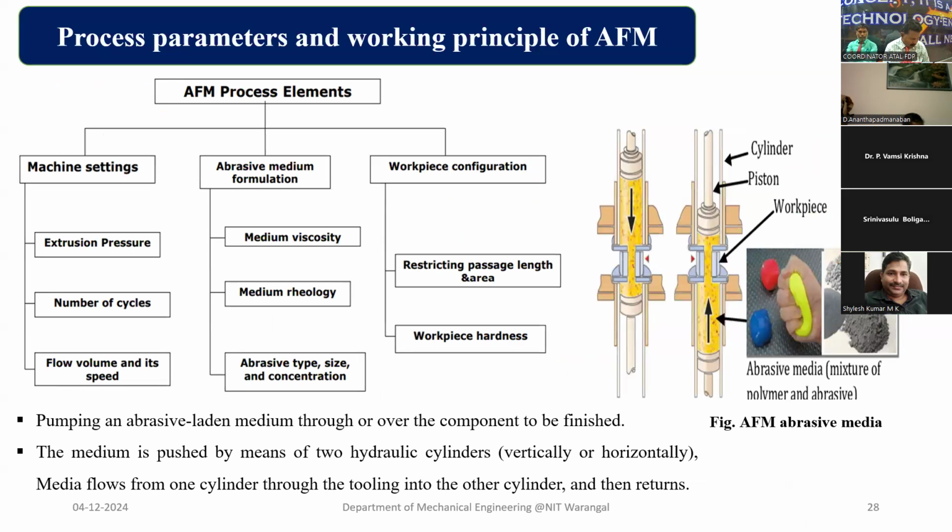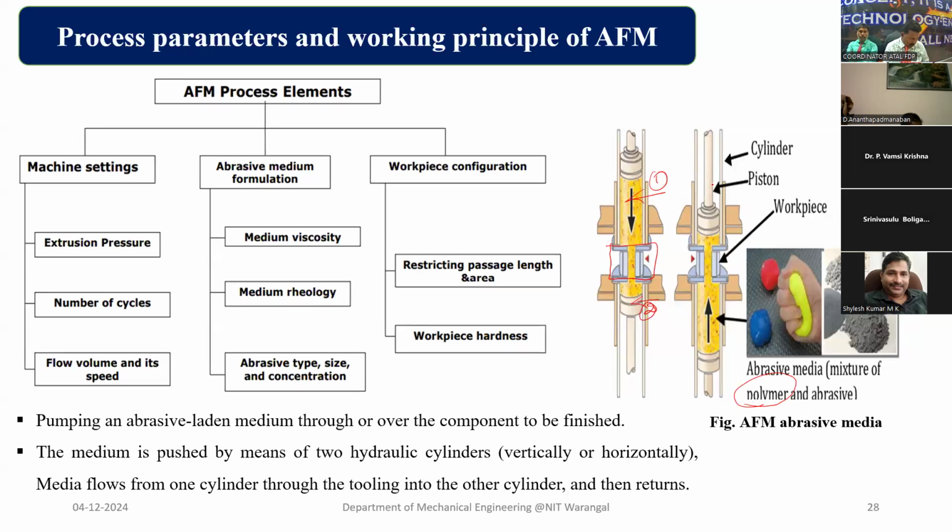That means instead of mixing the abrasive particles and iron powder, we mix the abrasive with a media, normally a polymer or some other gel type of material, so that it becomes sticky in nature. Here this is the fixture. So inside we have a workpiece, and these are media cylinder 1 and media cylinder 2.